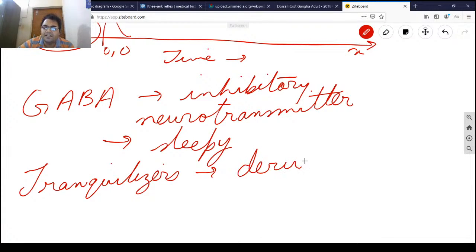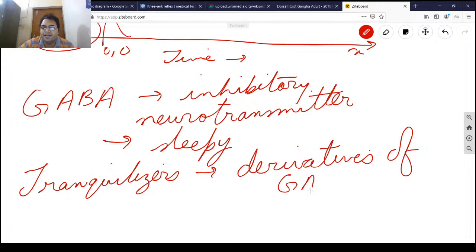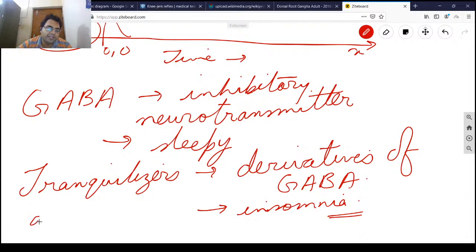They are derivatives of GABA, used to alleviate insomnia, like alprazolam.